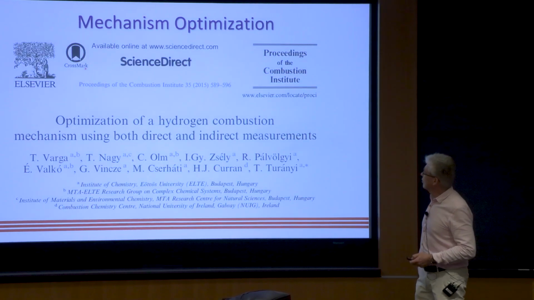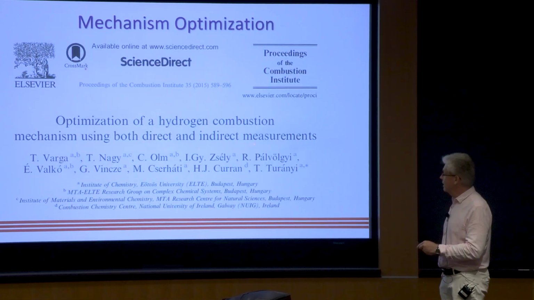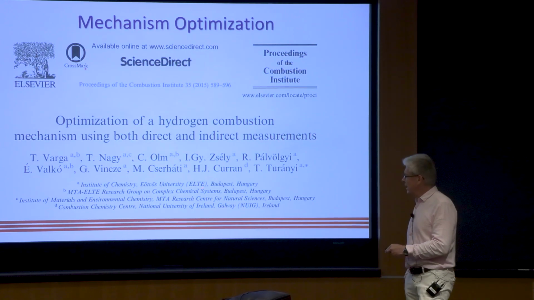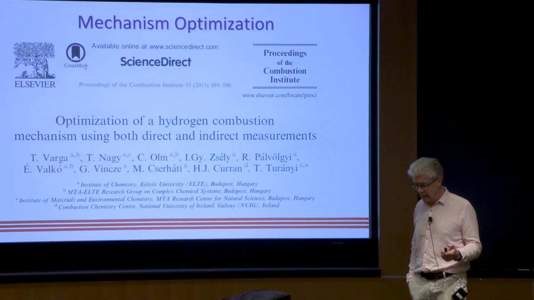I would encourage you to have a read of this work as well. It's an optimization of a hydrogen combustion mechanism using both direct and indirect measurements. In here, it describes the work that was done by Michael Frenklach, David Sheen, and Hai Wang.